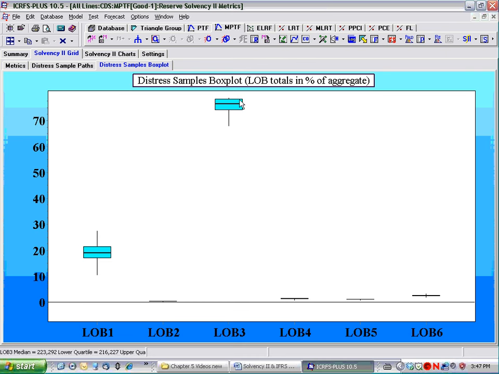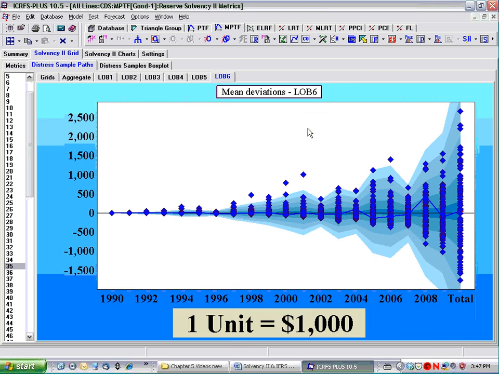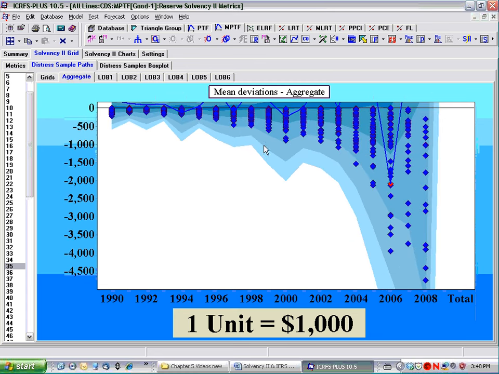If we go back to our distress sample path and now change the y-axis, the vertical axis, to the deviation from the mean. If we go to the aggregate, oops, what happens here? Mean deviations from the mean.